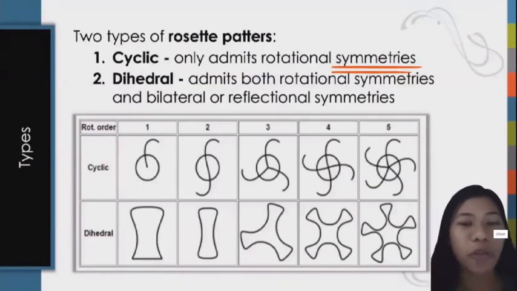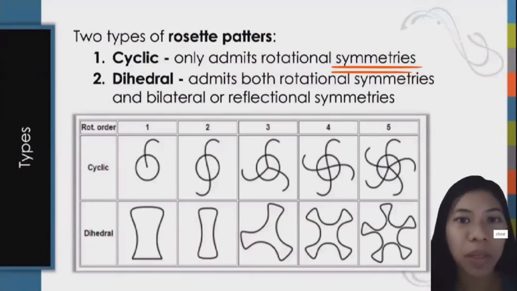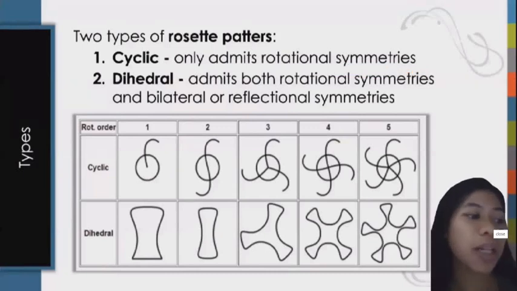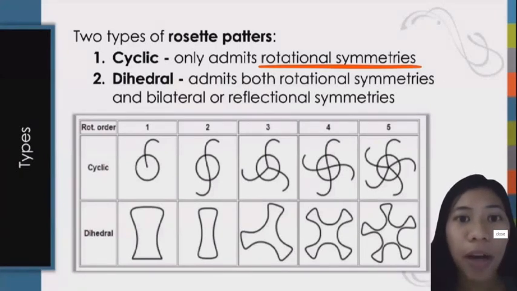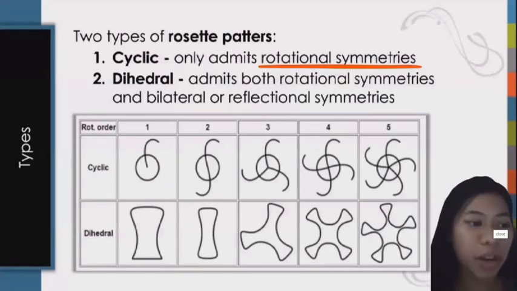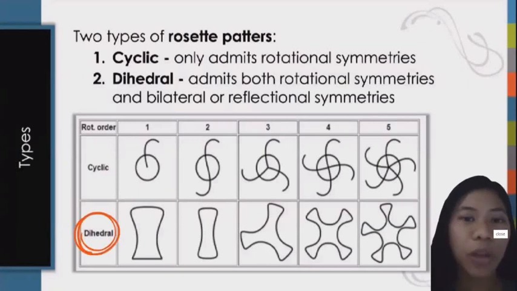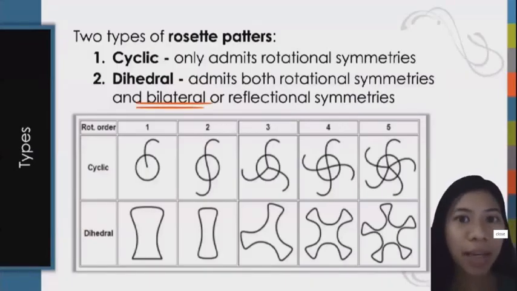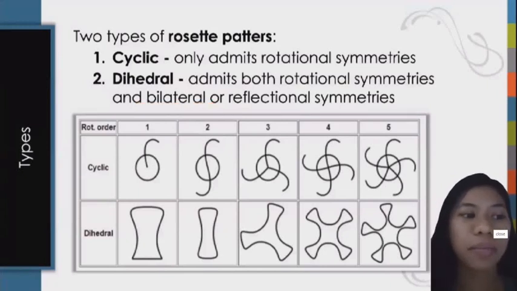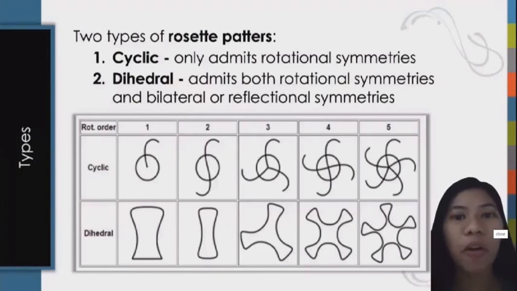When I say symmetries, it refers to having same images of an element or pattern. So when we put rotational and symmetries together, rotational symmetry, it means that the repetition of an element which makes up a pattern is in circular rotational direction. So proceed to dihedral. Dihedral admits both rotational symmetries and bilateral symmetries. So bilateral, bi means two, lateral means sides. From there we could derive that both sides have the same mirror images of one another.